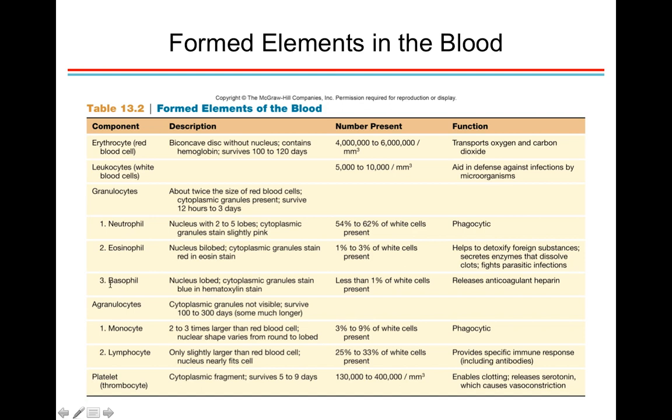We have agranulocytes that include phagocytic monocytes, and then lymphocytes that really provide very specific immune responses, such as the creation of antibodies. We'll be talking more about that in the near future in a separate lecture. And then we have platelets that play a really important role in clotting of blood, clotting of damage in blood vessels.